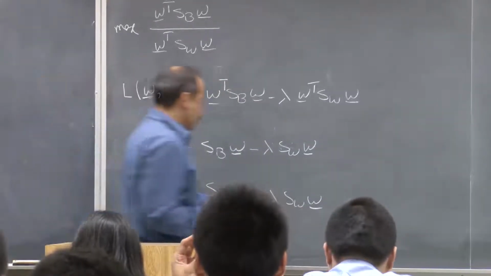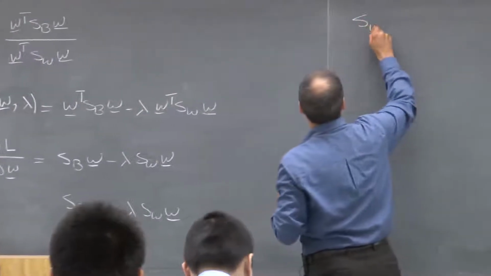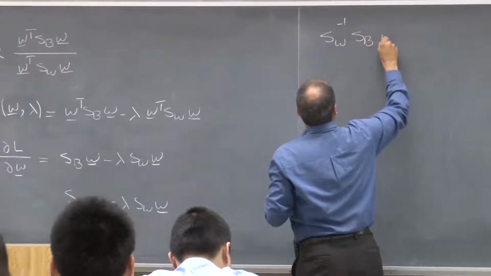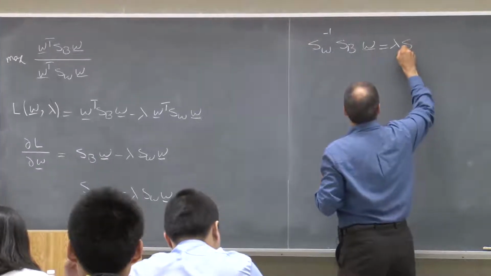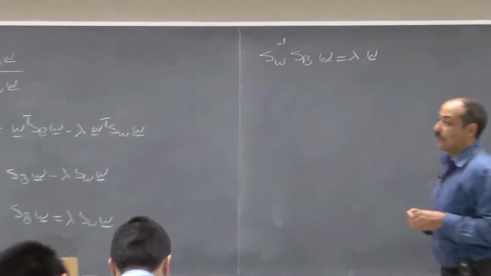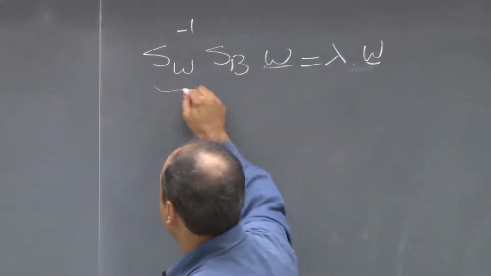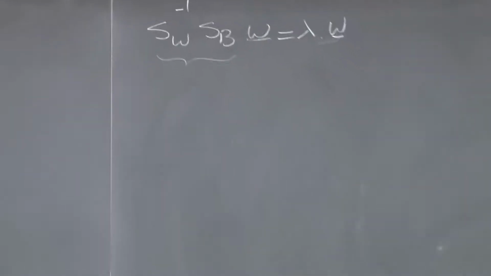And you can multiply the inverse of SW on both sides. Then you have SW inverse SB W is equal to lambda W. So clearly, this is an eigenvector problem. And W is an eigenvector of SW inverse SB.